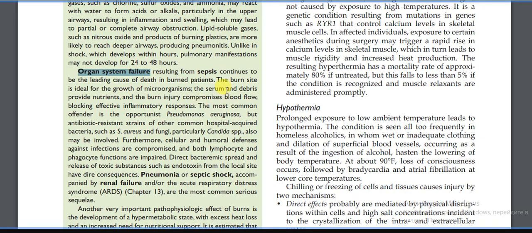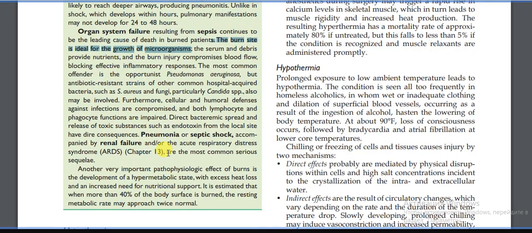As shown here, the burn site is ideal for the growth of microorganisms, and if it's ideal for microorganism life, they can penetrate into deeper tissues and into blood, and it causes sepsis. Then pneumonia or septic shock accompanied by renal failure or acute respiratory distress syndrome, which is discussed in chapter 13, respiratory tract, next year, are the most common serious sequelae. Okay.